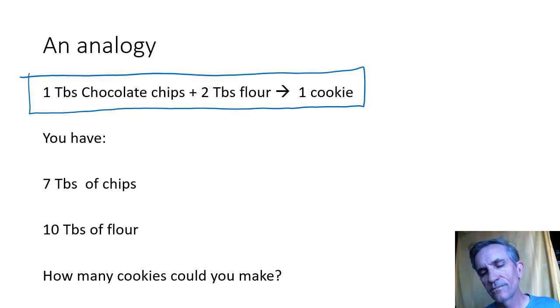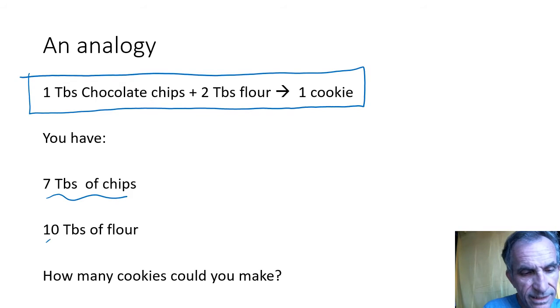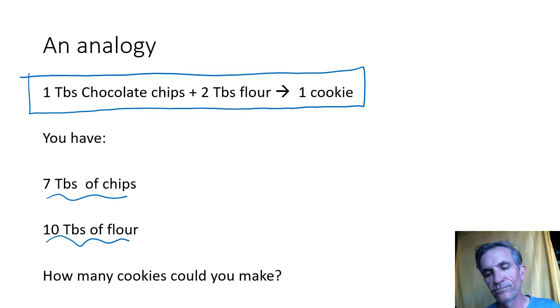Now, let's say you decided, tonight I'm missing my grandma, I'm going to make some cookies. And you hunt around in your kitchen cabinets and you find 7 tablespoons of chips. So you actually own 7 tablespoons of chips and you own 10 tablespoons of flour.